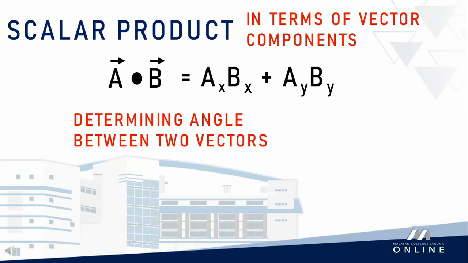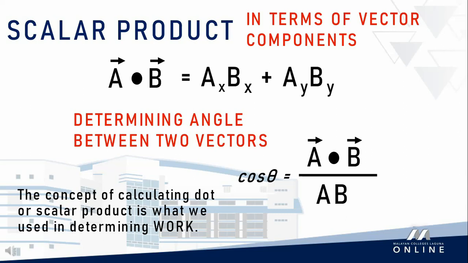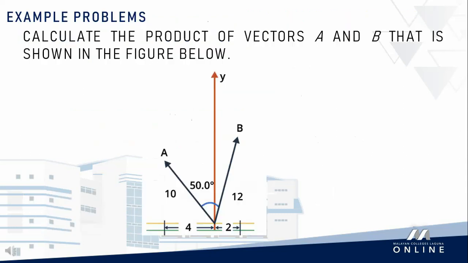We can find it using the equation cos θ = (A · B) / AB. Remember these three equations because the concept of calculating the dot or scalar product is what we use in calculating work. With this, we may now have an idea on how to determine the work done by a force that acts on a system. Let us have some examples.